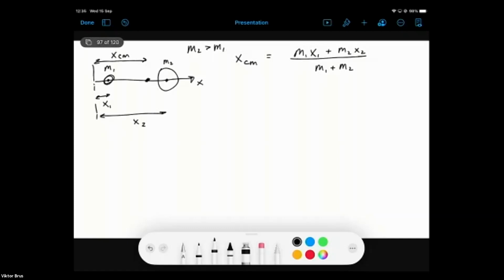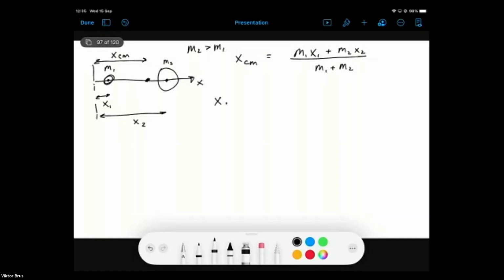So if we have a system of many bodies, then the calculation of the center of mass along axis X can be done as follows.